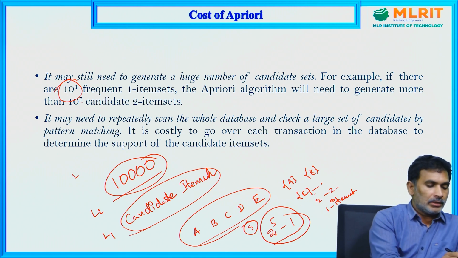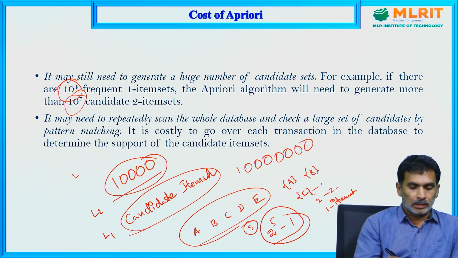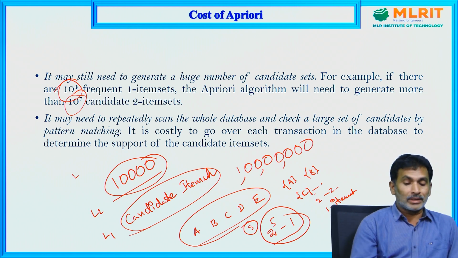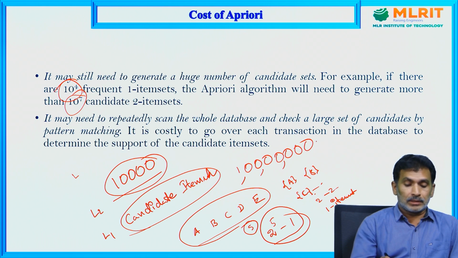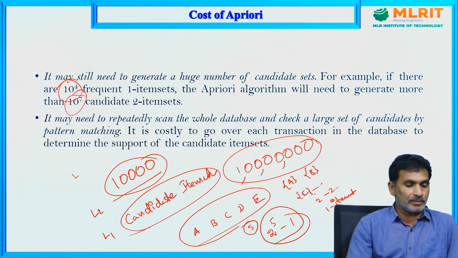So then you can see here 10 to the power of 7, that means these many, 1 crore item sets need to be generated as candidate item sets.